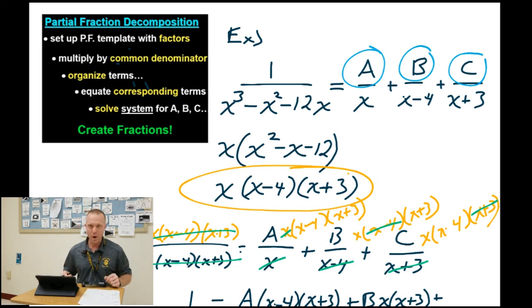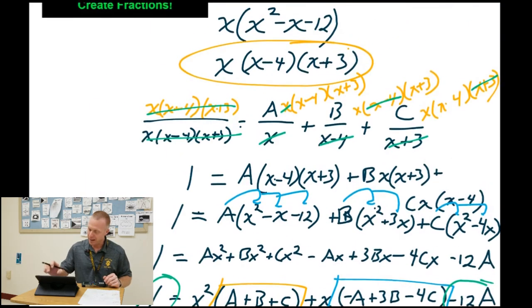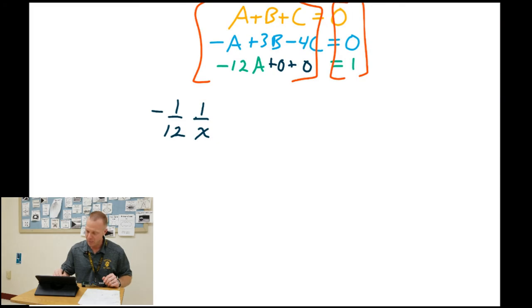The best option is to write negative 1/12 right beside a 1 over x. Then I can write 1/21 right beside 1 over x minus 4. And then 1/28, I thought something looked funny, so 1/28 goes over x plus 3.